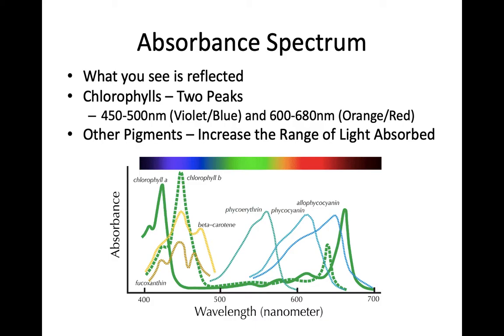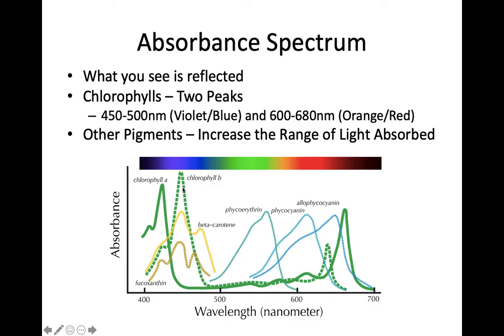The other pigments in the plant are called accessory pigments. Some examples of accessory pigments are chlorophyll B, which is similar to chlorophyll A, but has a slightly different absorbance spectrum, as you can see here in this graph. There's also carotenoids. One example that you should be familiar with is beta-carotene, which is in carrots.